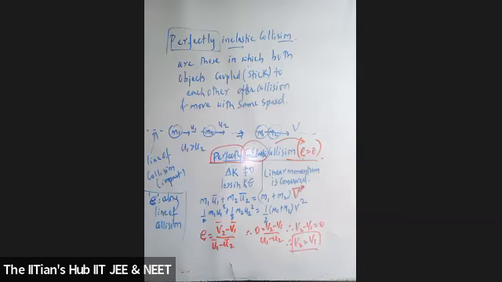I want to confirm one thing. I think I've written something wrong in the formula of restitution. Sir, it would be V2 minus V1 upon U1 plus U2, or U1 minus U2? U1 minus U2, the relative velocity.